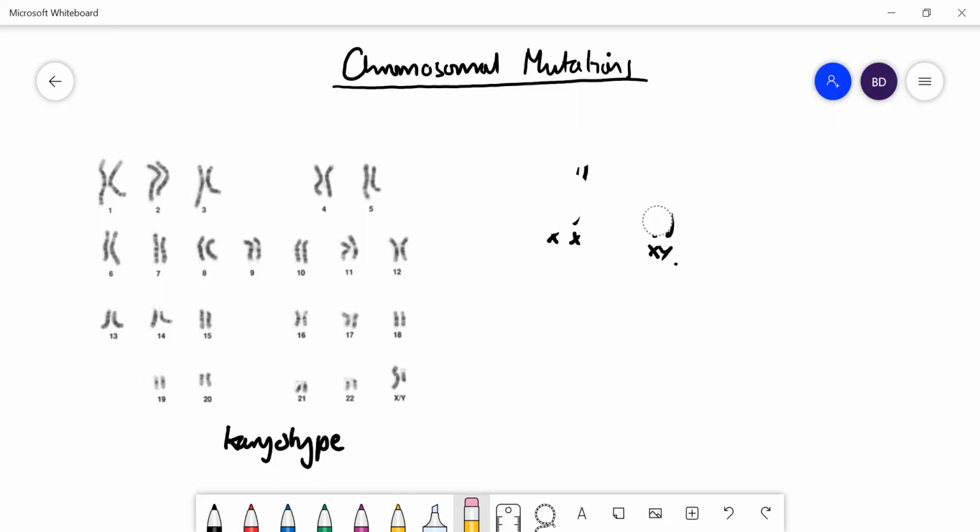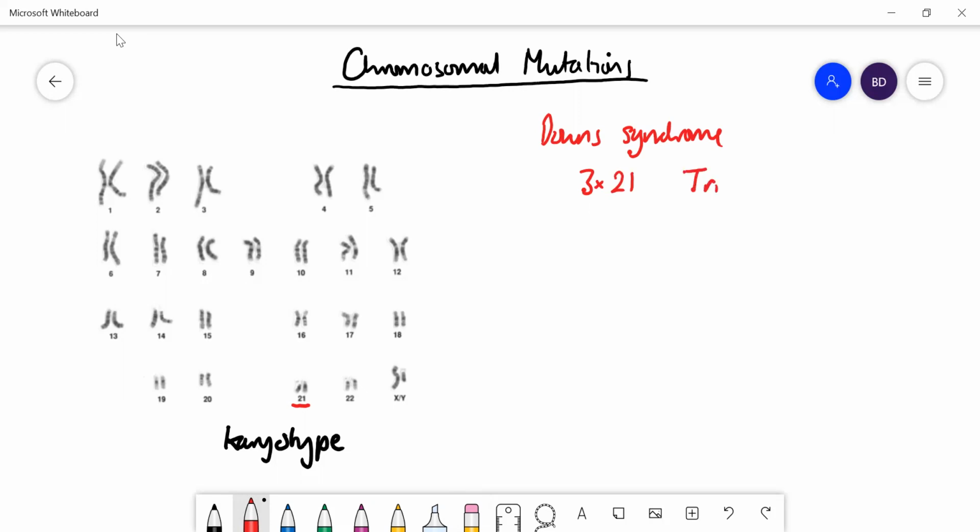Of course, you should have 2 copies. So if you look, there's chromosome 21, one of the smallest chromosomes. In Down syndrome, you'll see that there are 3 copies of chromosome 21 instead of 2, and it's sometimes called trisomy.